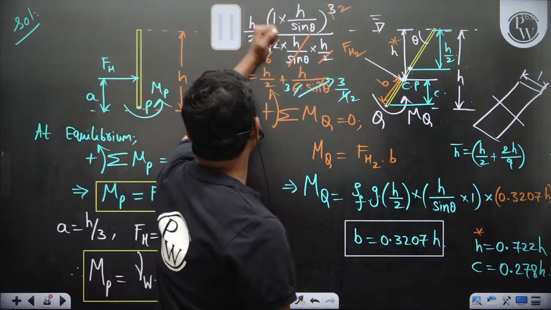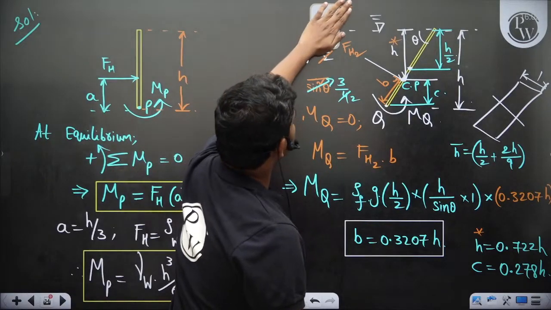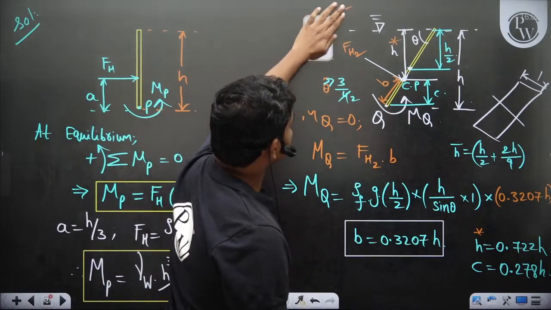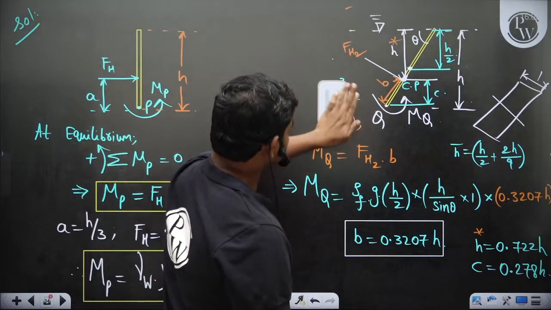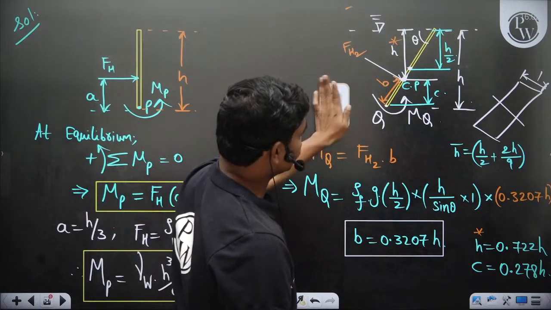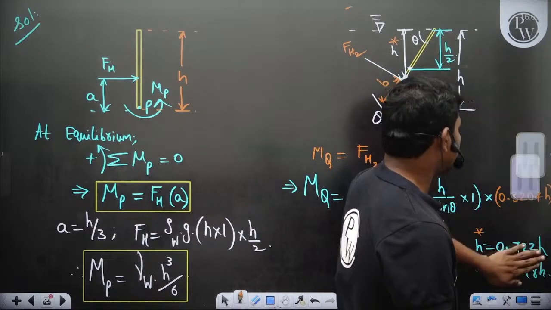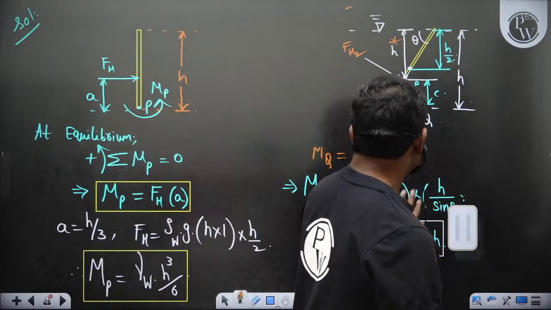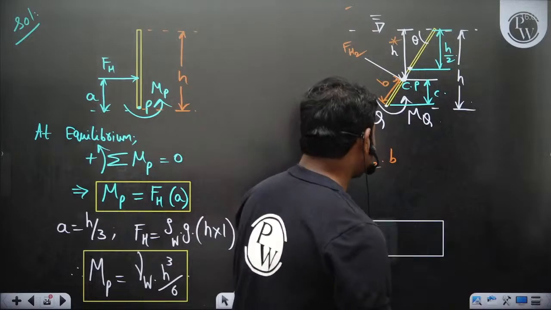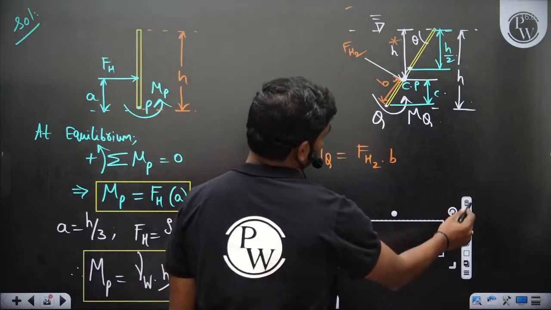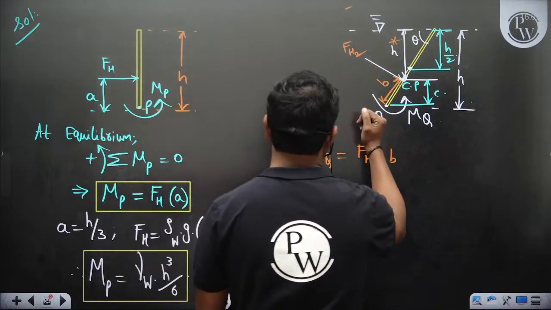I'm erasing this part. Maybe we'll do this part once again so that if there is some issue anywhere we can figure it out easily. Okay, I'll also make this diagram once again.